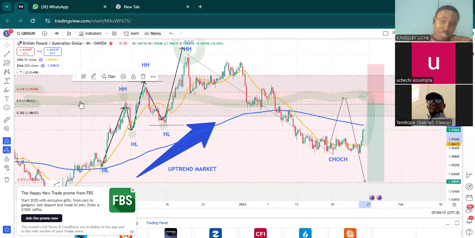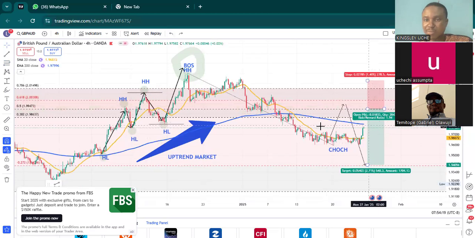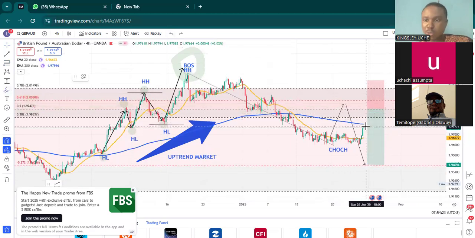So we need price right now to come towards this level. This is our focal point, this area. At the moment, you can see the price already moving towards that level, which I'm sure by this week we should see price move towards, all right?